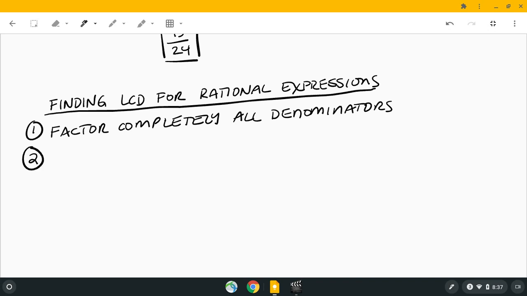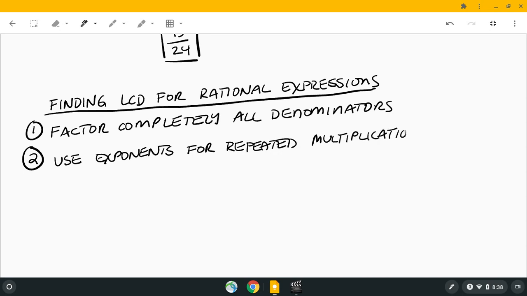All right. So if you have repeated multiplication, then use exponents for repeated multiplication, because that's what exponents represent, right? Okay, so you use exponents for repeated multiplication, okay?